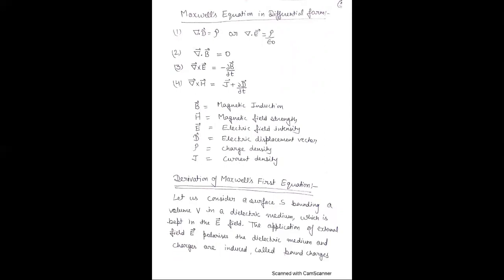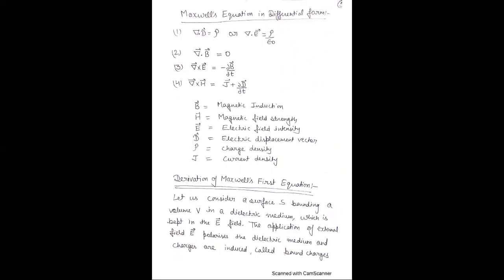Now the derivation of Maxwell's first equation in differential form. Let us consider a surface bounded by a volume V in a dielectric medium, which is kept in an electric field.